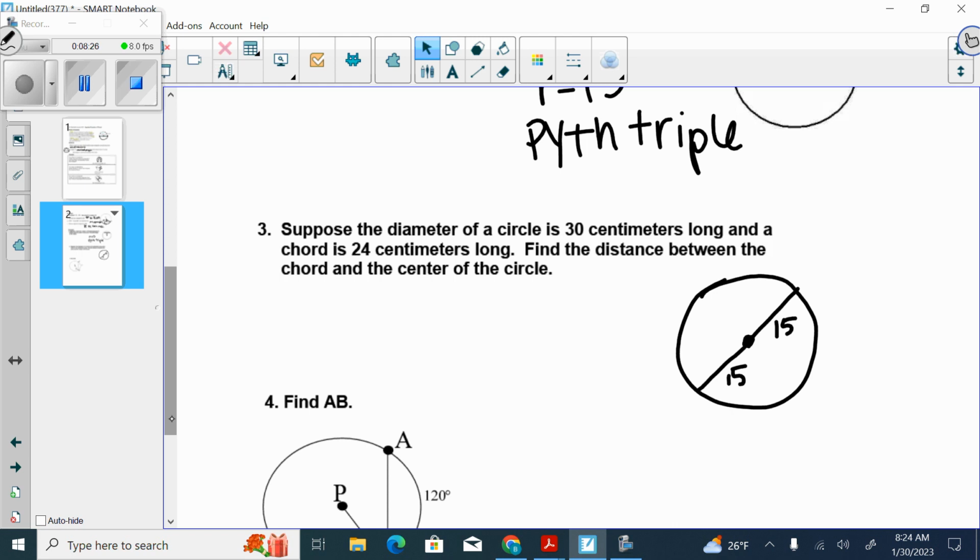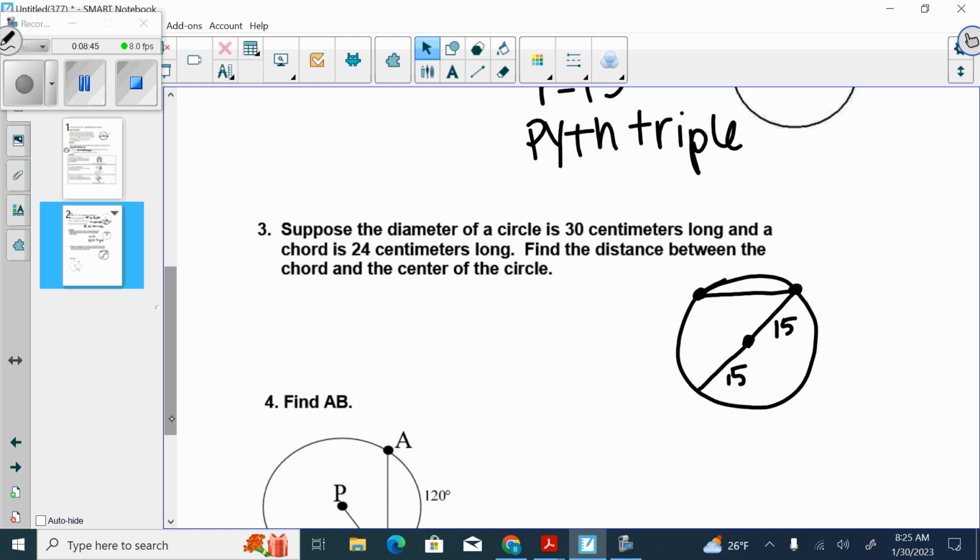And then it says a chord is 24 centimeters long. So kind of like up above, we've got some chord, which just means it goes from one edge of the circle to the other, that's 24 centimeters long.